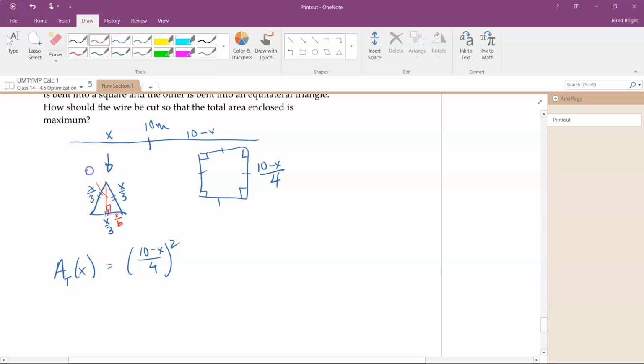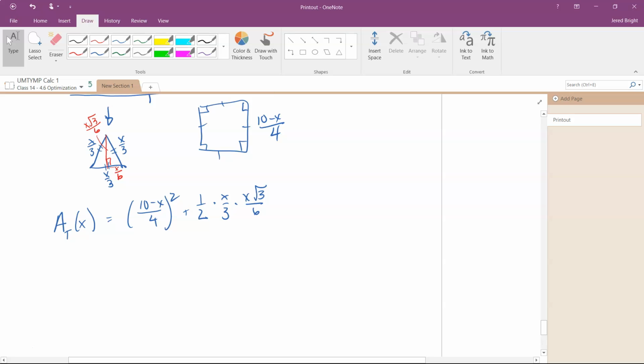So I'm just going to do that, x squared 3 over 6. Okay, so then that makes the area of that equilateral triangle 1/2 times the base, which is x over 3, times the height, x square root of 3, all over 6. Okay, there are other variations of that same formula that you could use. That was just the easiest one for me.